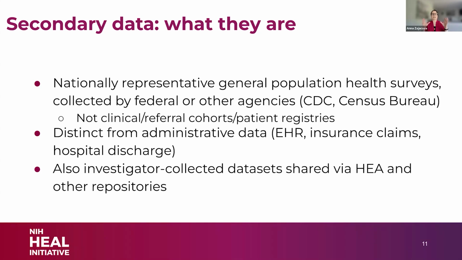So I just want to clarify, these are not clinical cohorts or referral patient cohorts or even patient registries. And they're also not electronic health records or insurance claims. These are basically large surveys that are done at the population level with tens of thousands or thousands or even sometimes hundreds of thousands of people interviewed annually.